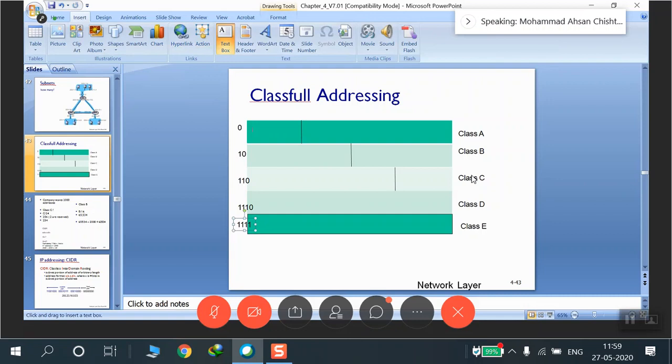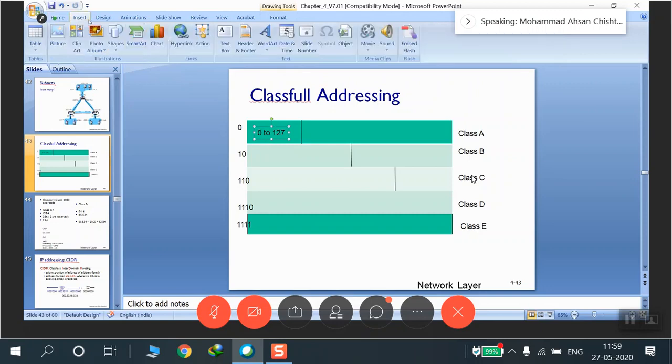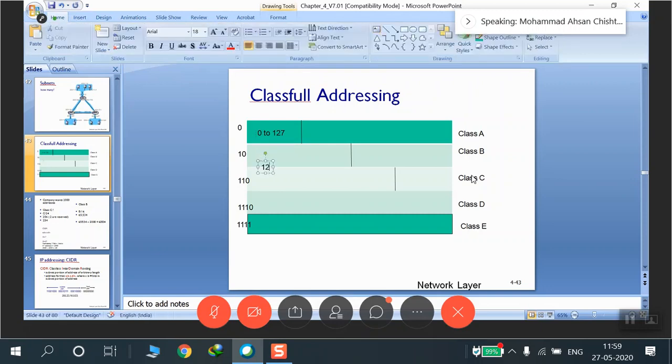Classful addressing, class A: the first bit of the first byte is 0. This means the first byte would range from 0 to 127. So any address having the first bit as 0, or anything between 0 and 127, is class A. Then we have class B, 128 to 191.